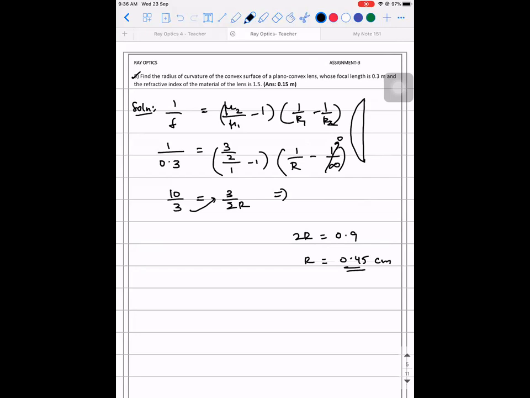Sorry, sir, I made a mistake. 3 by 2 minus 1 is half. I made a mistake there. So 2R is equal to 3 by 10. 2R is equal to 0.3. R will be how much? 0.15 meter. That's right.